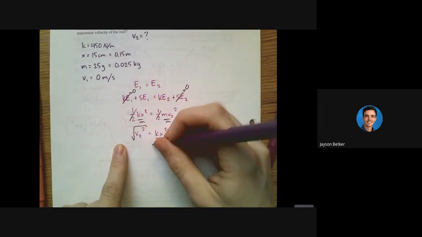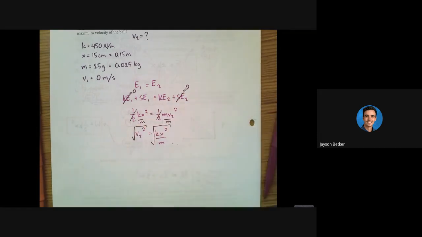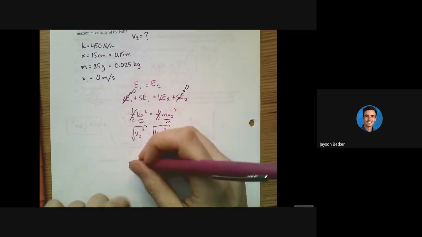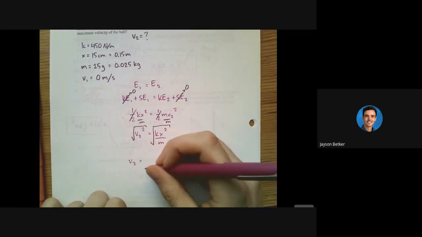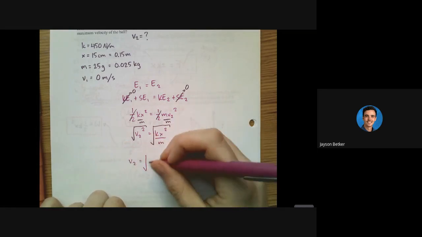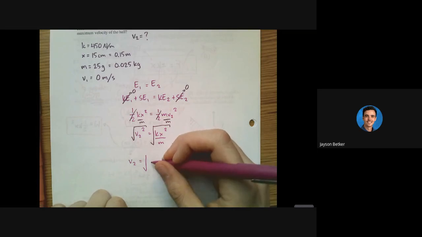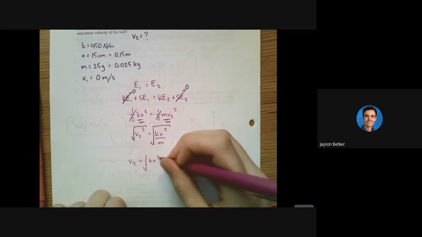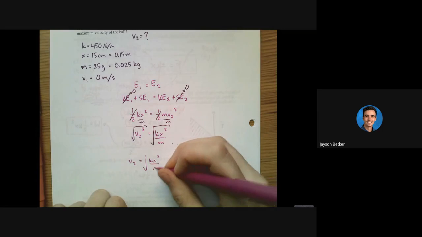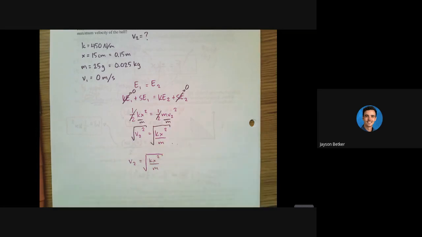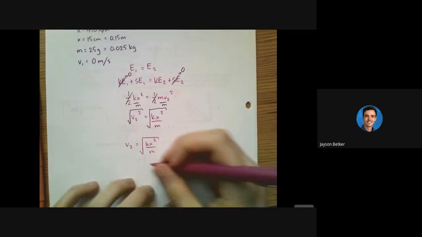And then we take the square root of both sides to get rid of that v2 squared. And we get that v2 is equal to the square root of kx squared divided by m. I just wrote that again, but there we go. So let's solve for that.